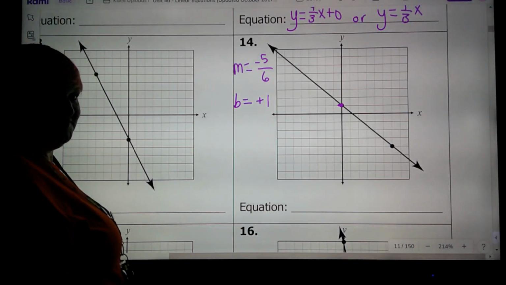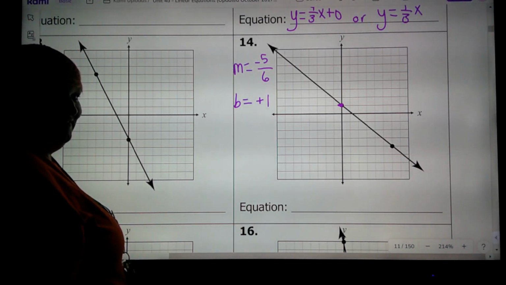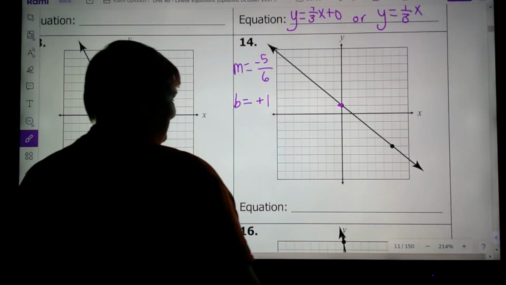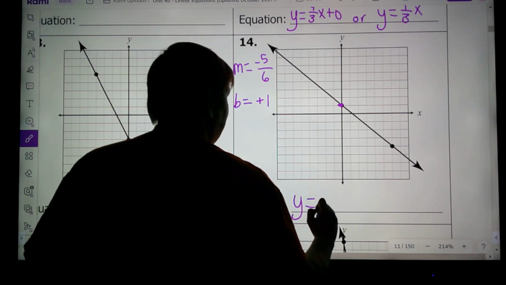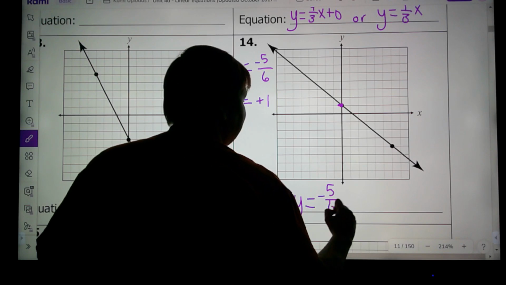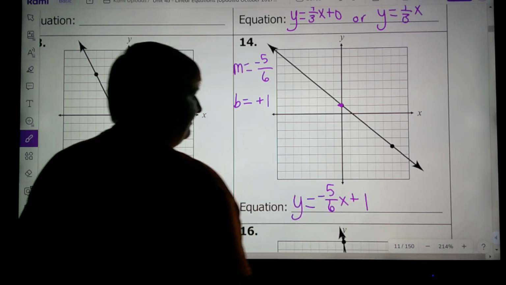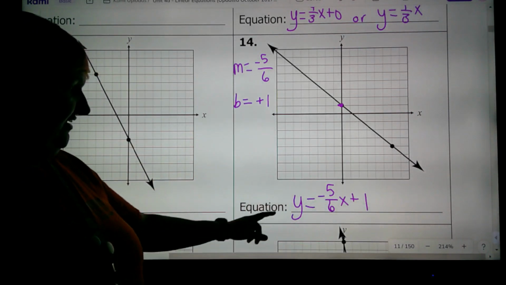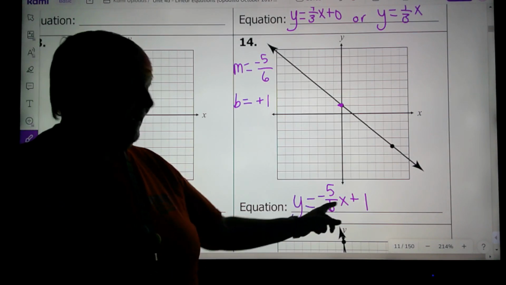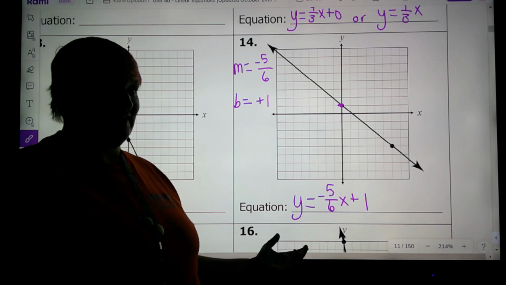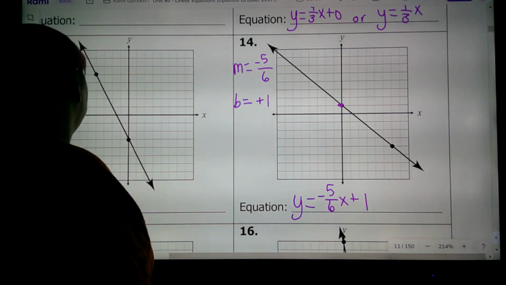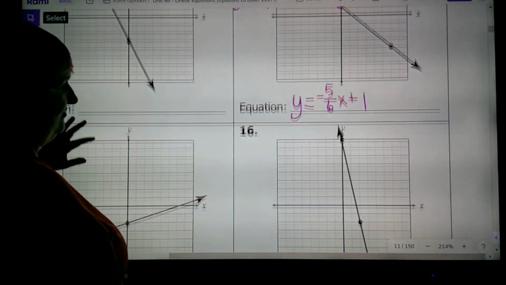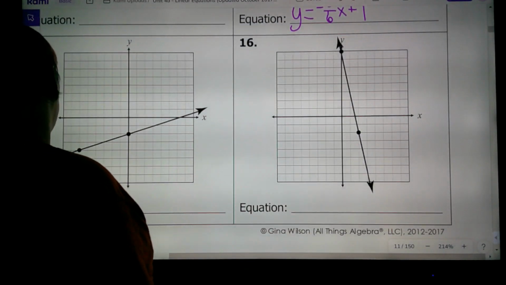It intercepts at +1 on the y-axis. So our equation is y equals -5/6x plus 1. It's a linear equation. It has to have a y and an x. Otherwise, it's not a linear equation. Don't forget the x, is what I'm saying. All right.